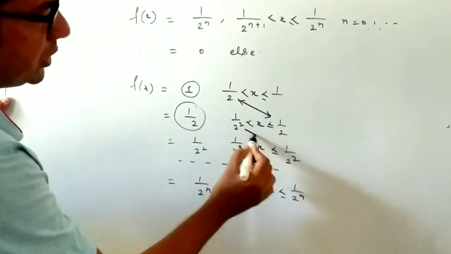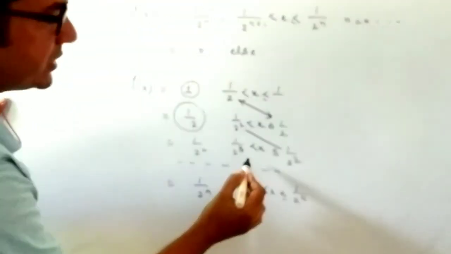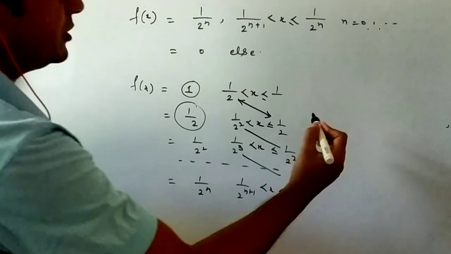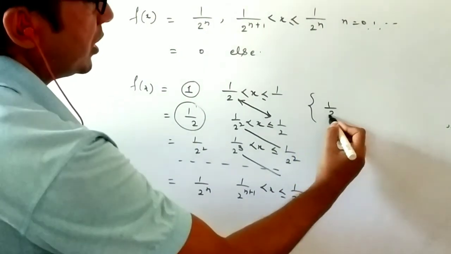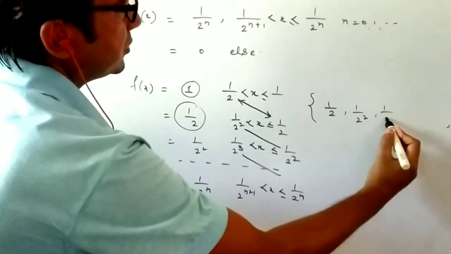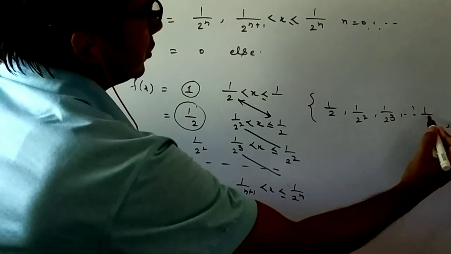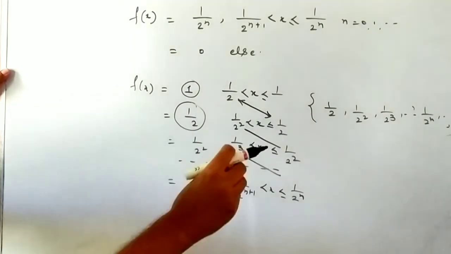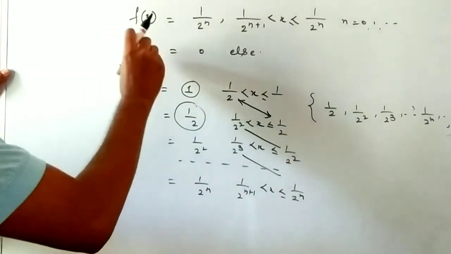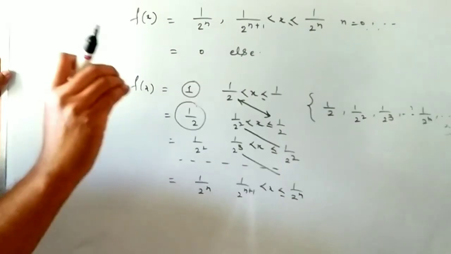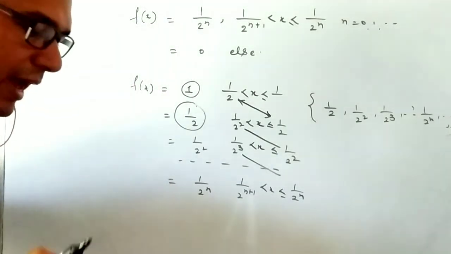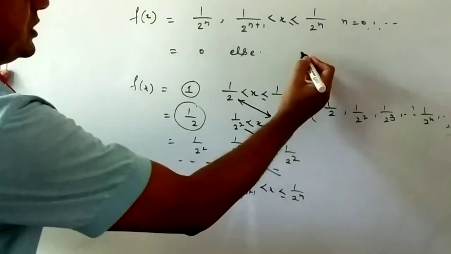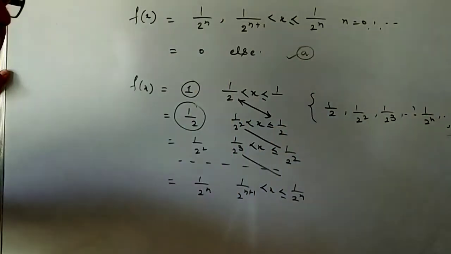Similarly, it is not continuous at half square, half cube, and so on. So the points of discontinuity are half, half square, half cube, half to the power n, and so on. So obviously the function has an infinite number of points of discontinuity, and this is given in option A. So option A is correct.